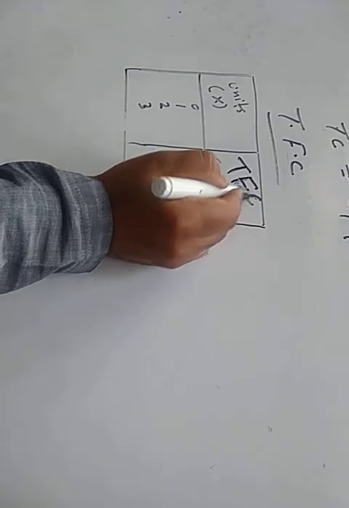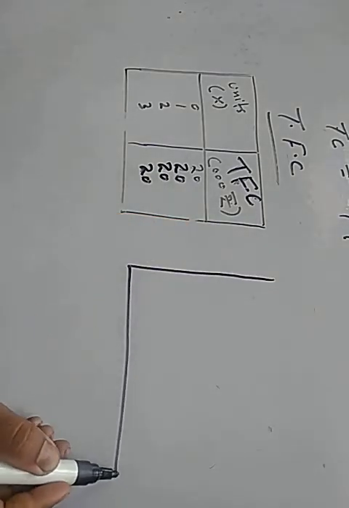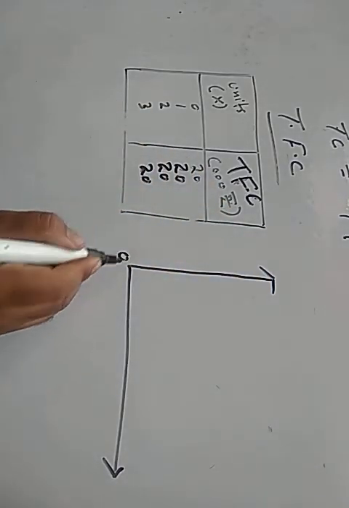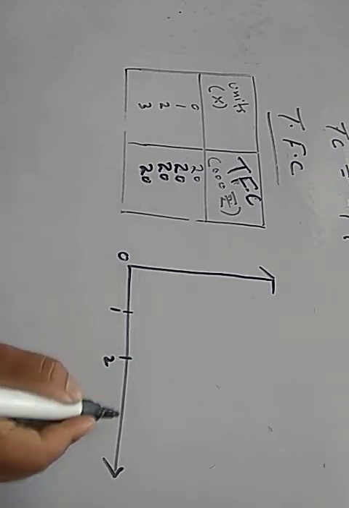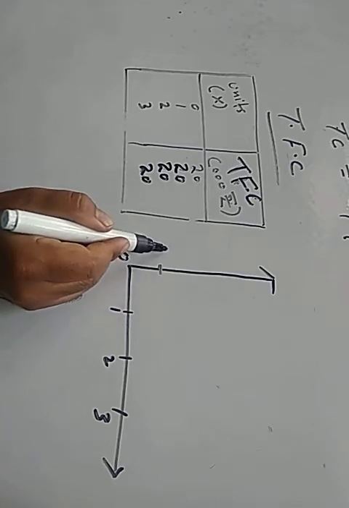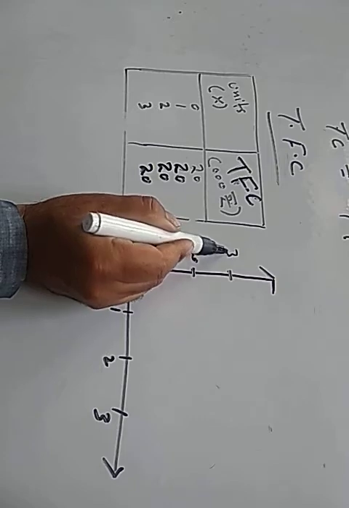Now we can show this with the help of a total fixed cost curve, a graphical presentation of this data. Units of output are 0, 1, 2, 3, and total fixed cost we will start from 10, 20 and 30.